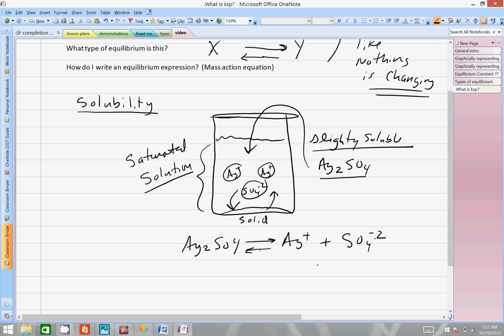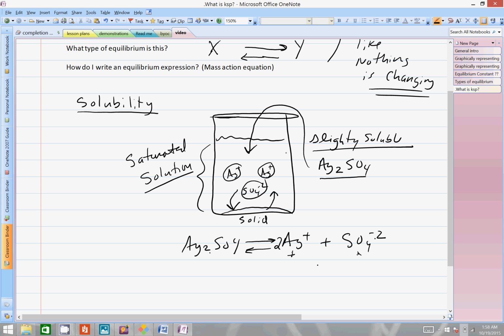I don't believe that this double arrow would be a requirement at any point in time, but usually it's just there to help signify an equilibrium system. We balance this by putting a 2 here. So at some point, the rate at which these two ions can convert back to solid equals the rate at which the solid dissolves into the aqueous solution.